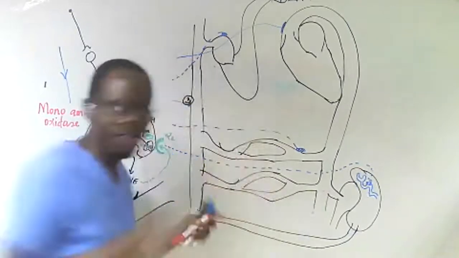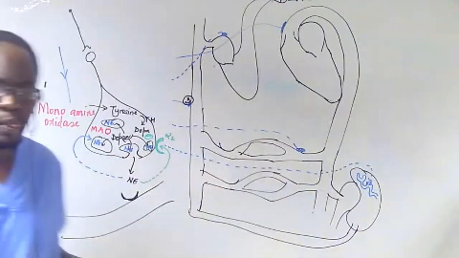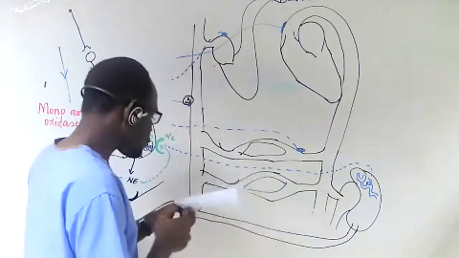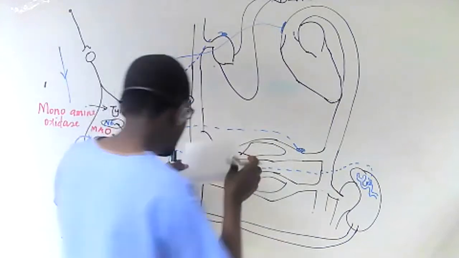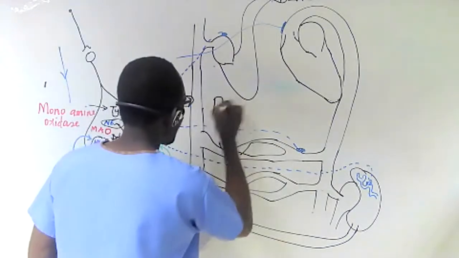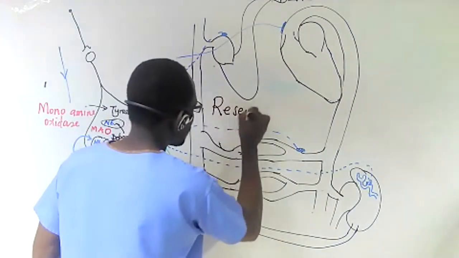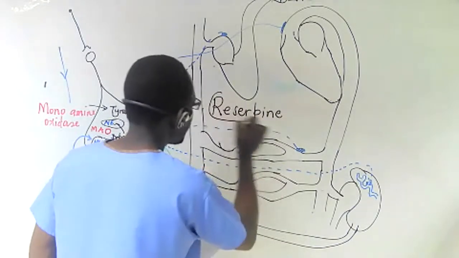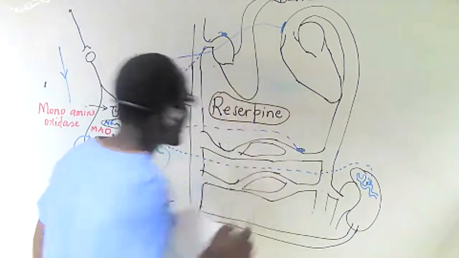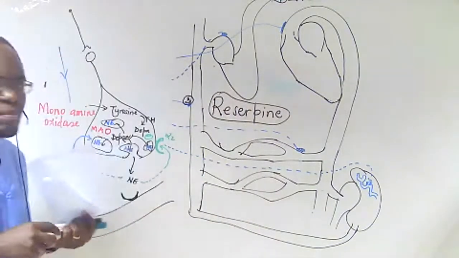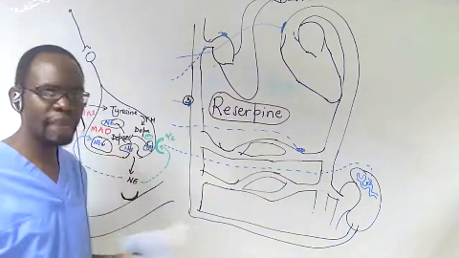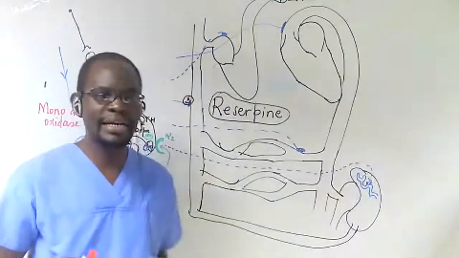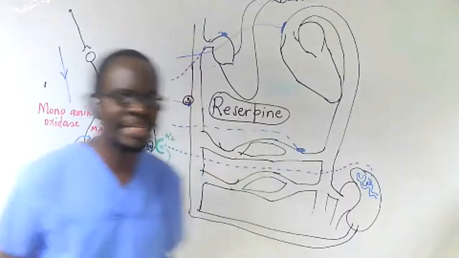Have you heard about a drug called reserpine? That is another example of a drug that works in this kind of manner, but it works slightly differently. This is how it works.